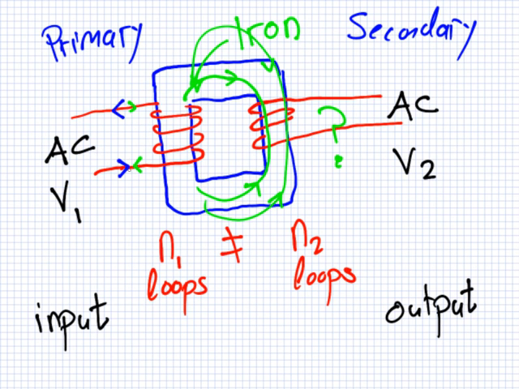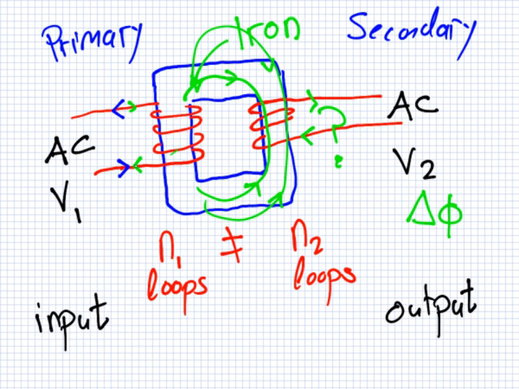So if the current is going up, the magnetic field will go down, and then when the current switches and goes down, the magnetic field will go up. So we have a change in magnetic flux. This change in magnetic flux will cause the current here to appear. And in fact, for example, when this is going down, the current will be going up.